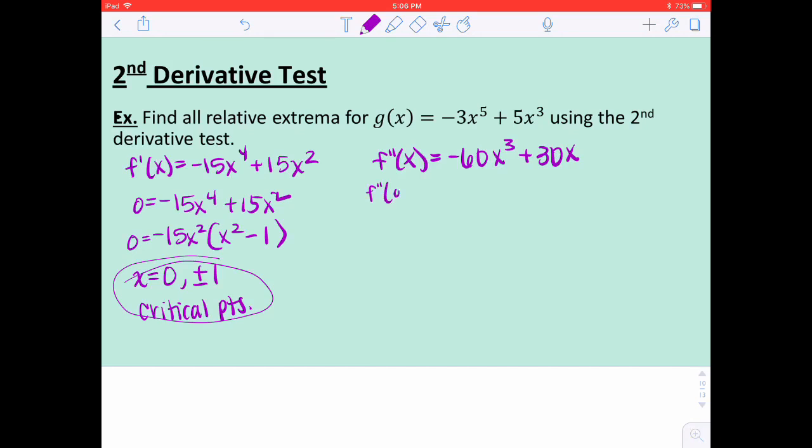So f double prime of 0 is equal to 0. F double prime of negative 1 is 60 minus 30, so 30. And f double prime of positive 1 is negative 60 plus 30, so negative 30.